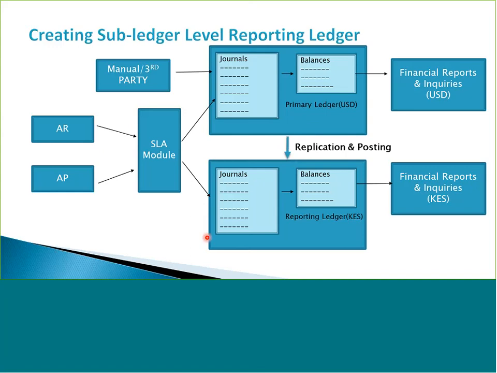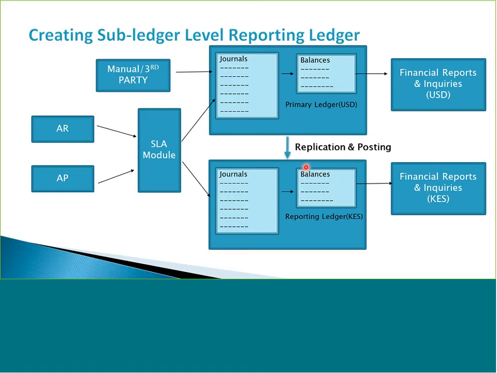Now this is the sub-ledger level reporting currency, okay? So when we create a sub-ledger level reporting ledger, the SLA module will create accounting for both the primary ledger and the reporting ledger, okay?